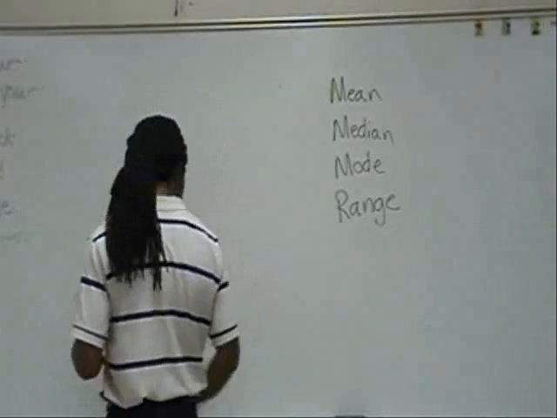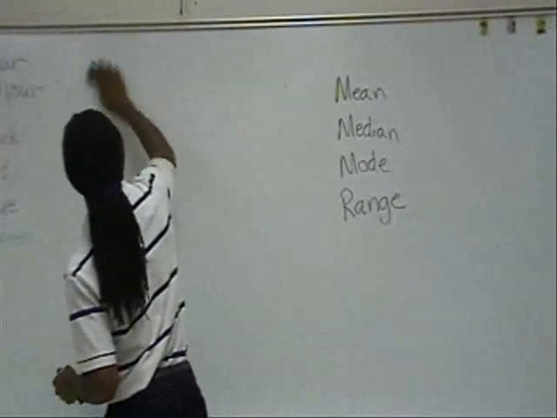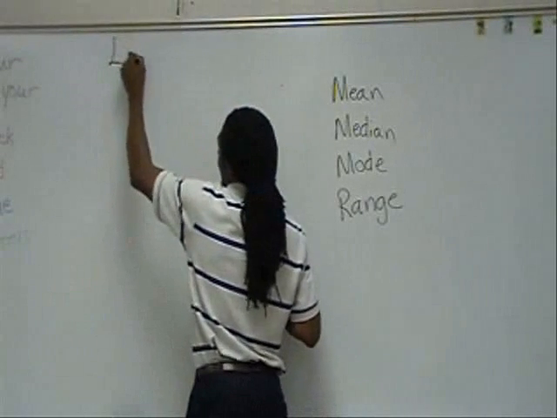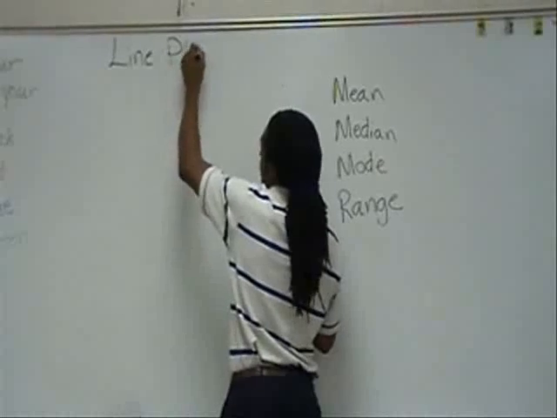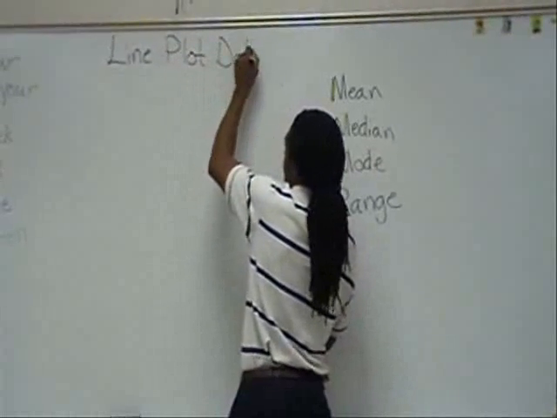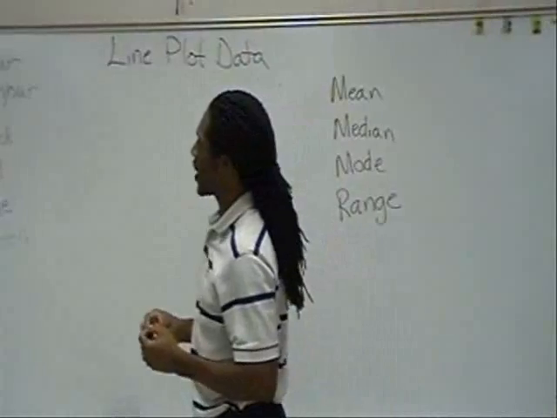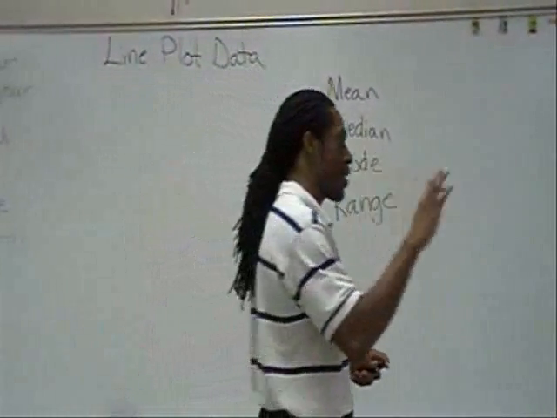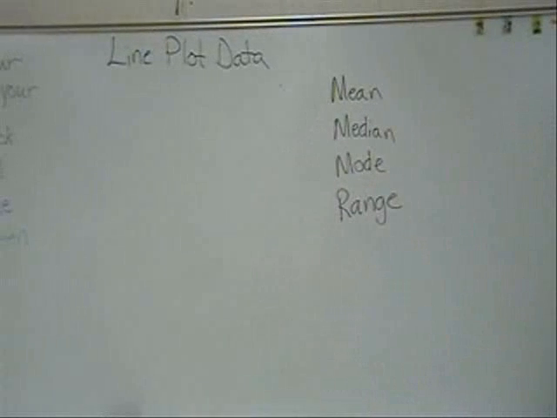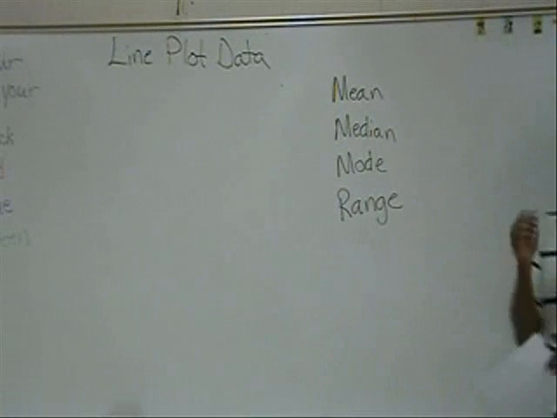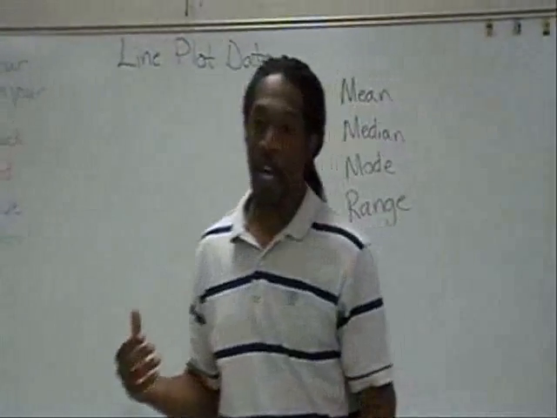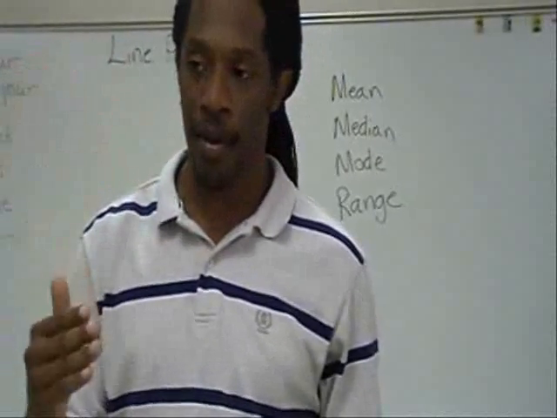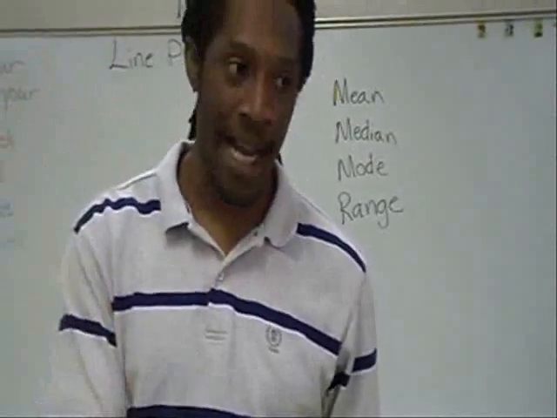Okay, on that sheet of paper at the top, you're going to write line plot data. Your homework says find the mean of your line plot data, so what we're about to do now is write out your line plot data so that you can take it home and find the mean of it. After you've written out this data, take that piece of paper and put it in your binder.